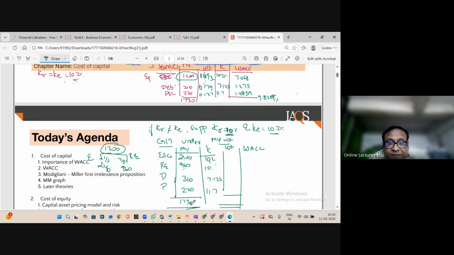The weight will be almost the same here, 0.179, and this should be 0.127. 240 over 1730 is roughly 0.139, and this is 0.555.